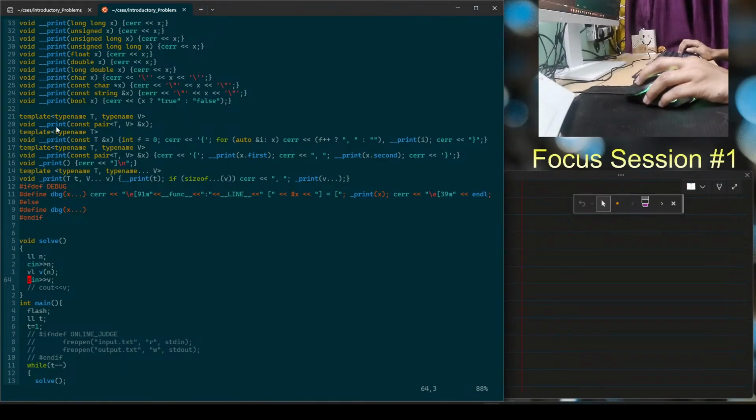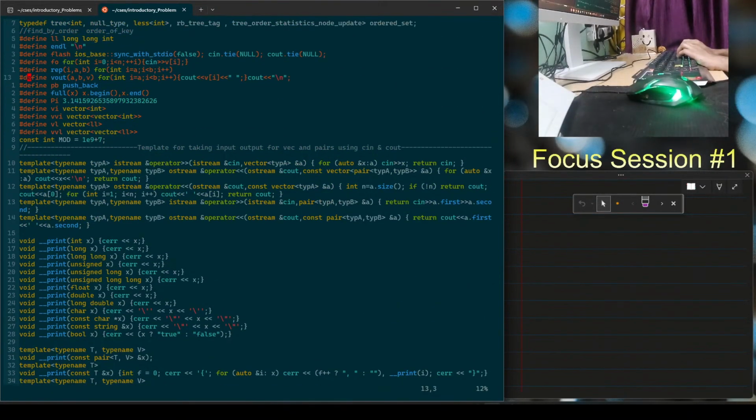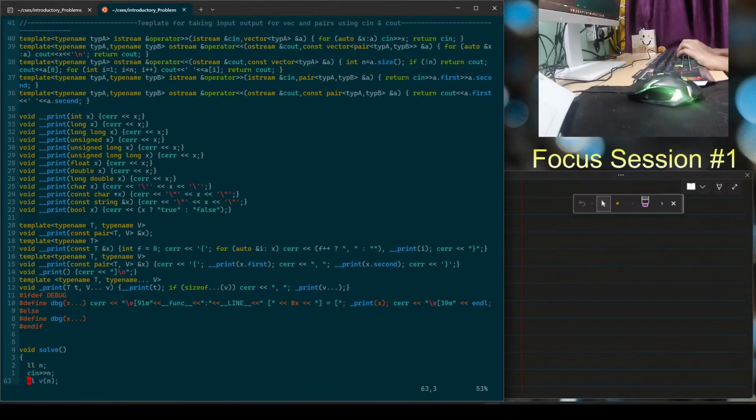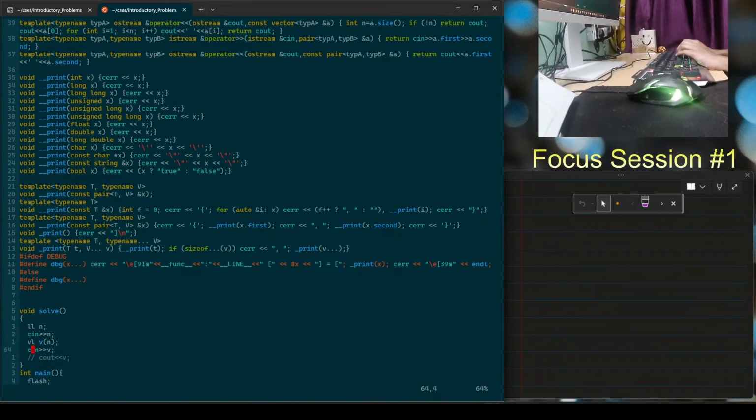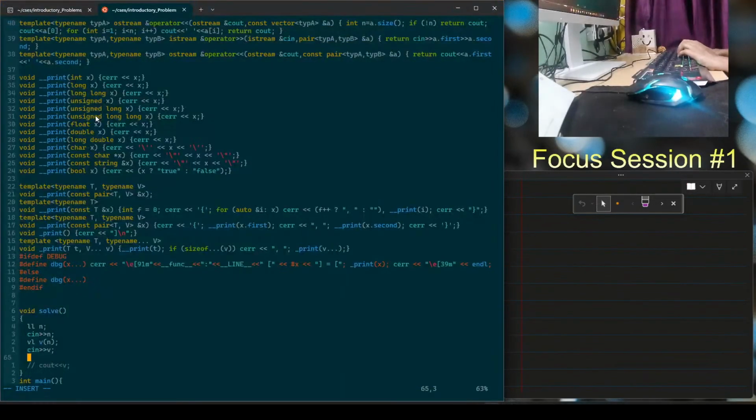Like where am I using it? Okay, not here. Maybe I go up and find it. Okay, yeah. So this is the template which I'm using for taking the input. I can try it without this also. This will work fine. It just saves time. Let's just move and solve the problem.